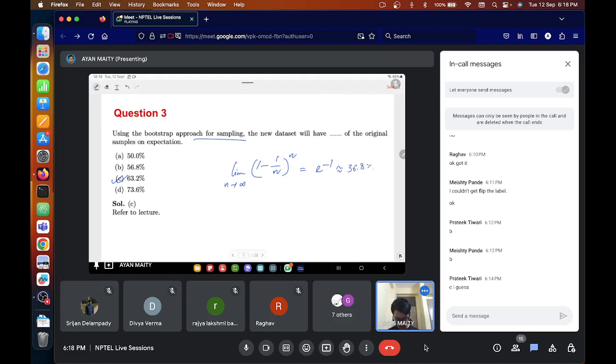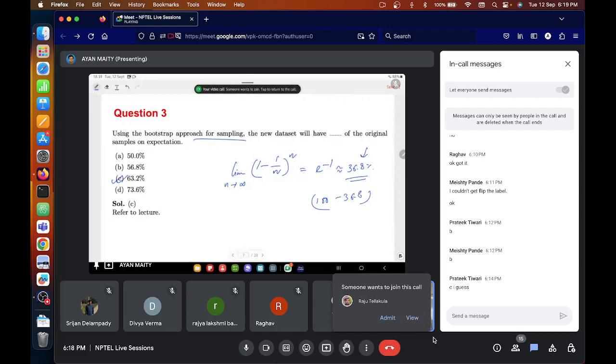So that means this is the probability that any one training example will not be picked in the sampling in bagging.